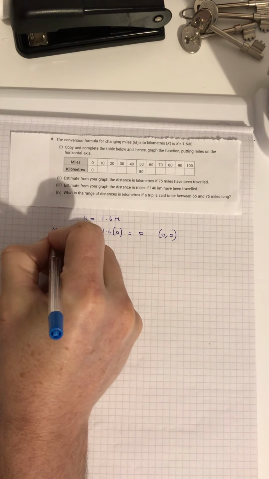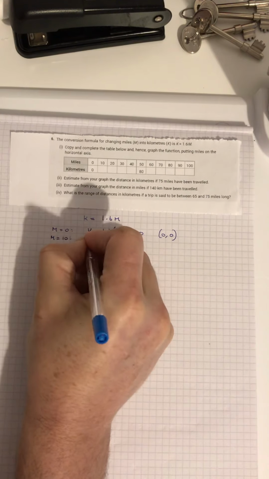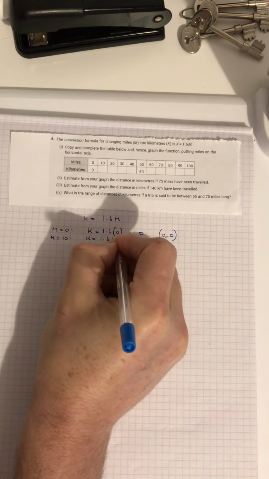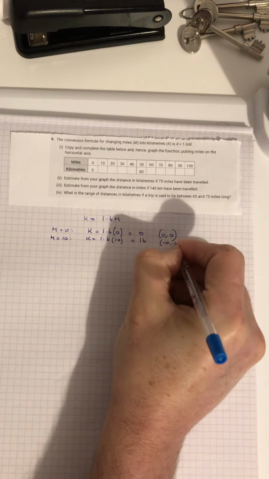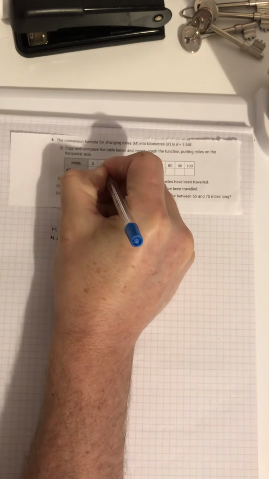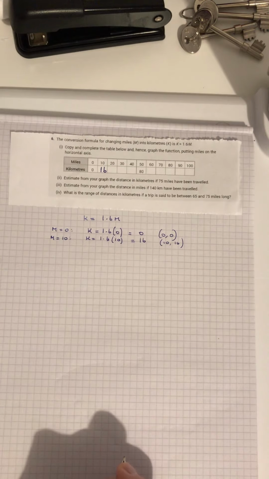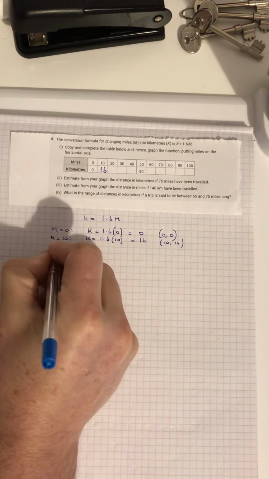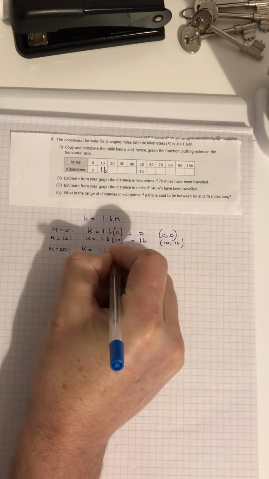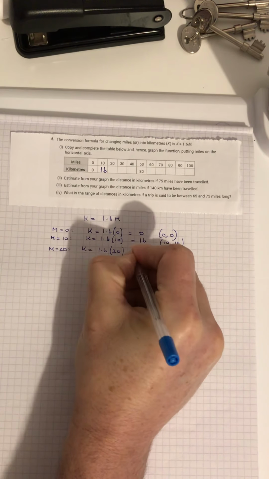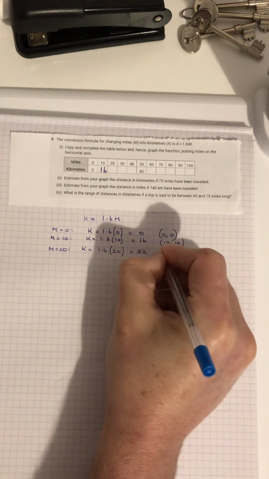If M is 10, the kilometres is 1.6 times 10, which is equal to 16. So 10 and 16, okay? If M is 20, the kilometres is 1.6 times 20, which is equal to 32.